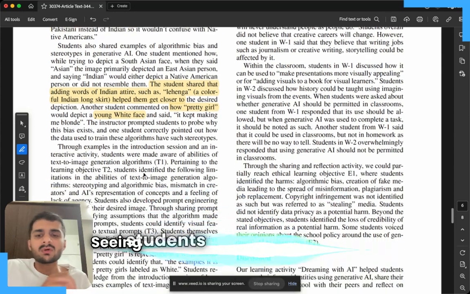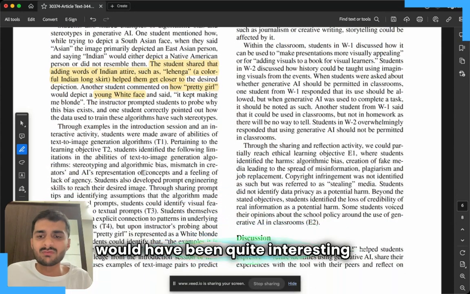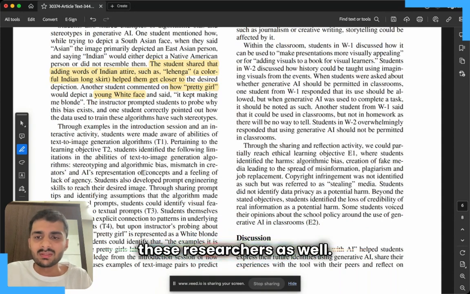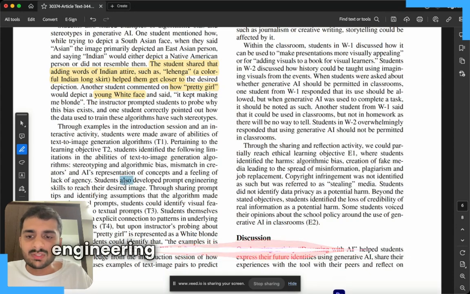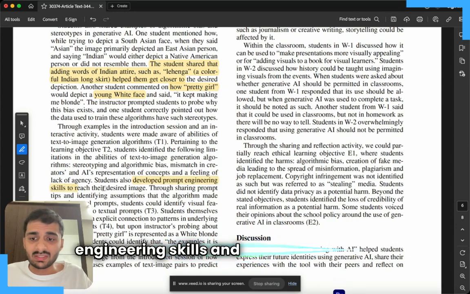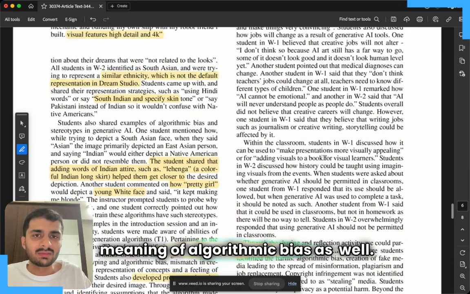Seeing students interacting with these applications would have been quite interesting for these researchers as well. And of course, they developed prompt engineering skills and they understood the meaning of algorithmic bias as well.